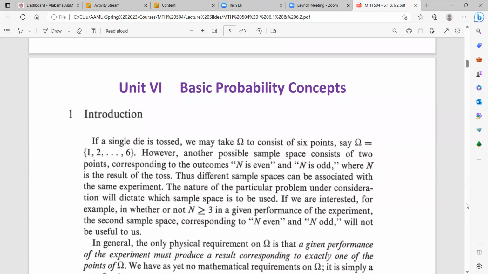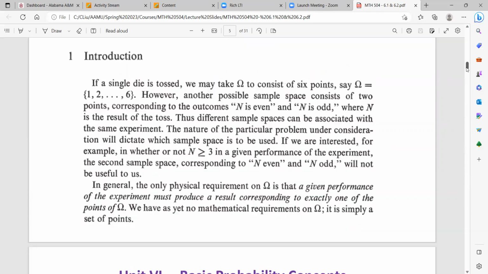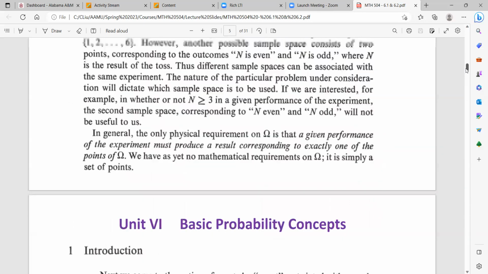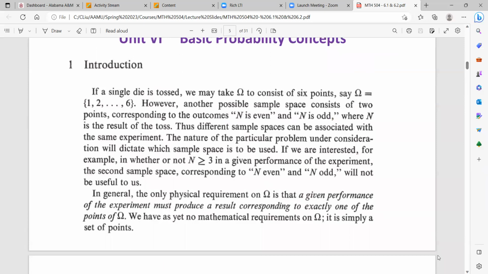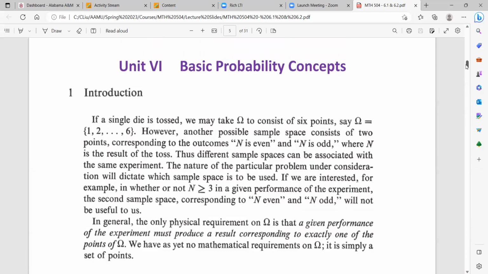I guess we just stop here. We still have quite a bit to finish this section, and we don't have time anymore. I just put the two sections together here, the introduction and the next section, because these two sections are pretty short.